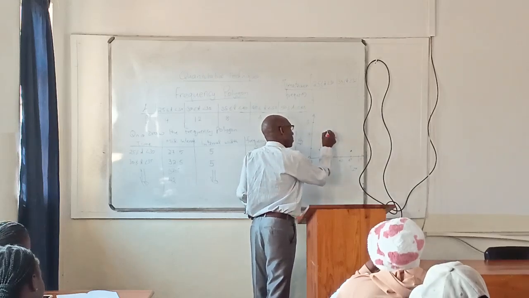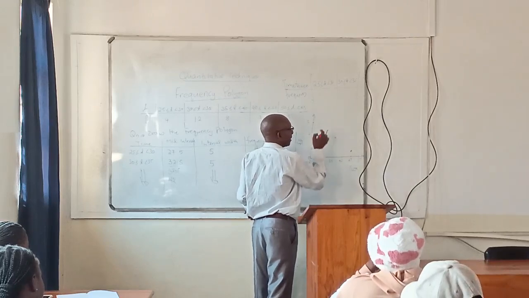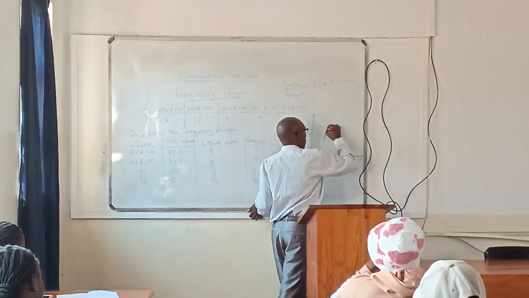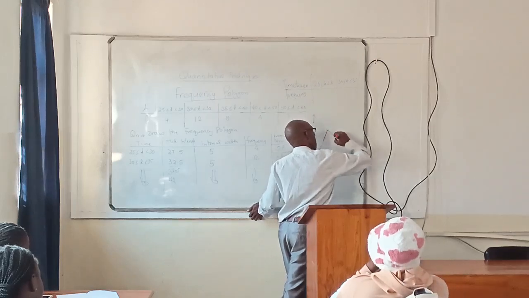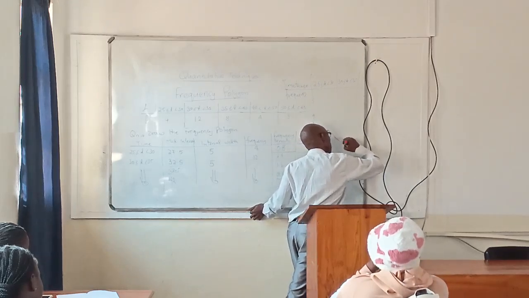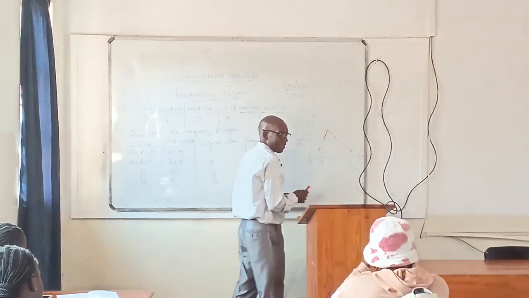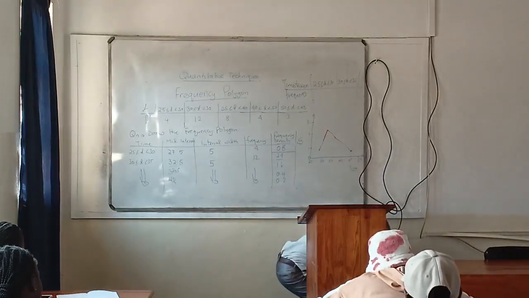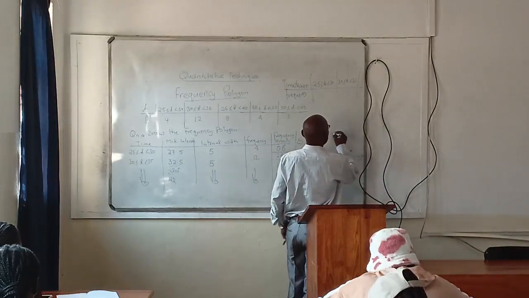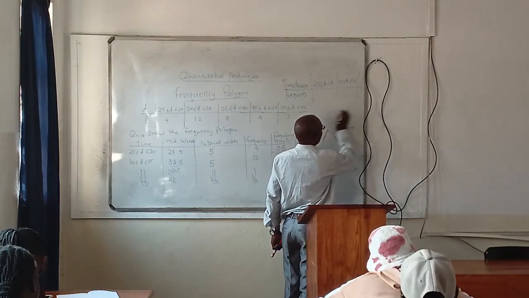You use a ruler, you don't connect using free hand. And from there, you connect. Then from there, you connect. What we have done here is what is called a frequency polygon. That is your frequency polygon.